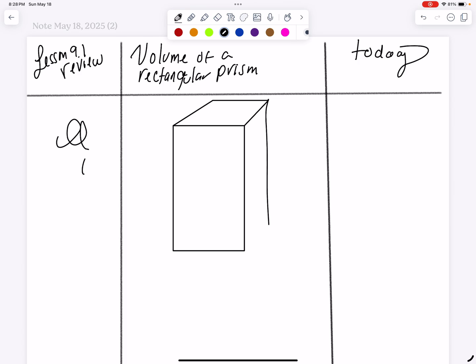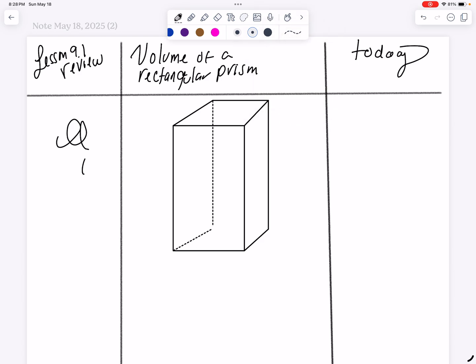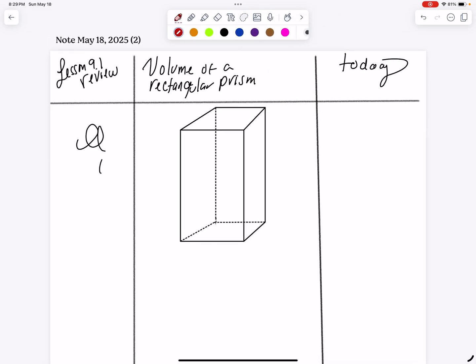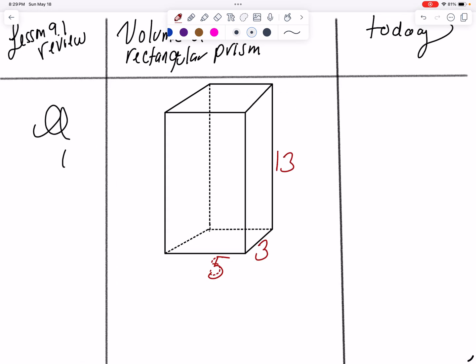Okay, that's your rectangular prism because it is a rectangle. Let's say this is a 5 by 3 by 13.